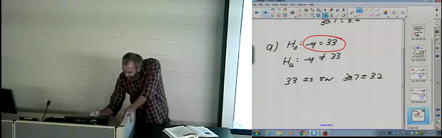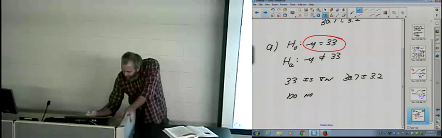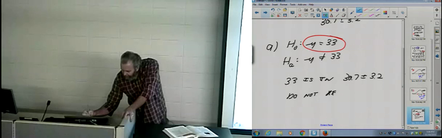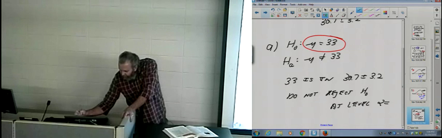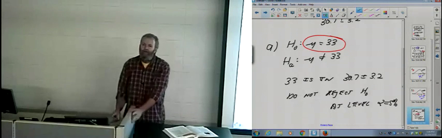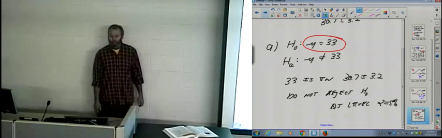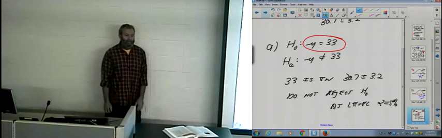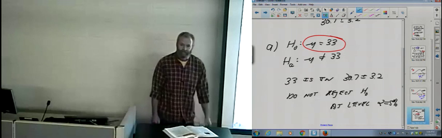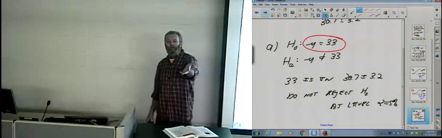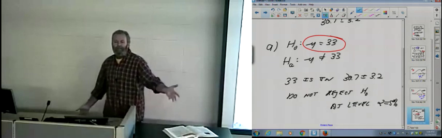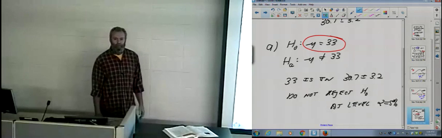We do not reject H naught at level alpha equals 5%. I didn't calculate any test statistic. I didn't find any p-value. I didn't use table A in the back of the book. I just know if it's in the interval, your x bar is not very far away from it.